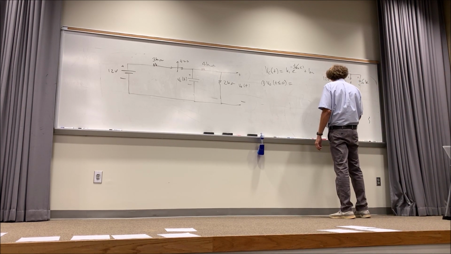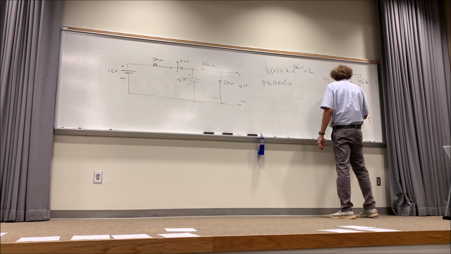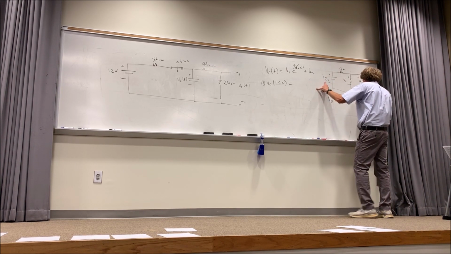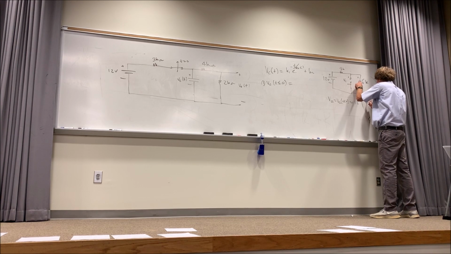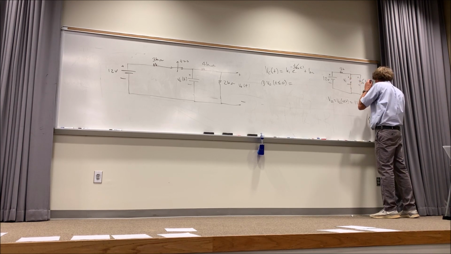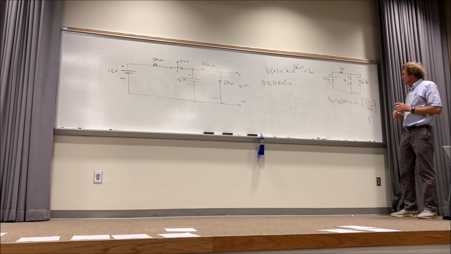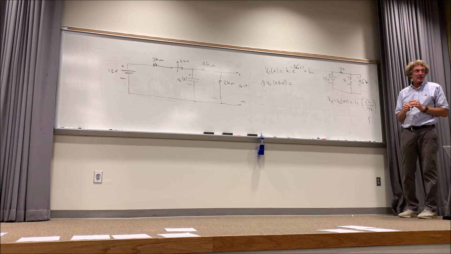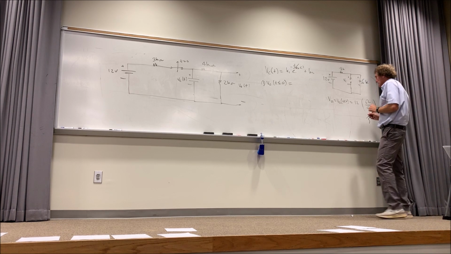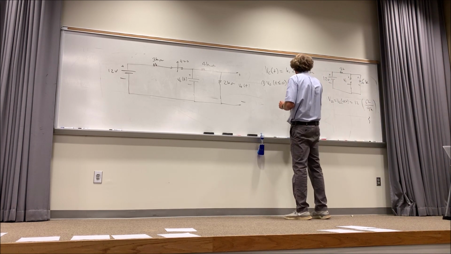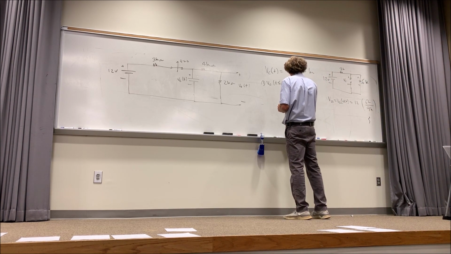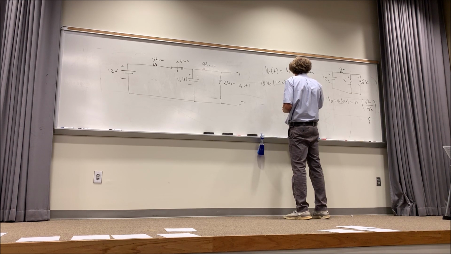V6K is VC for t less than 0, and it's equal to source voltage 12 times resistance 6K over 6K plus 3K, or 9K. So that's 2/3 of 12, or 8 volts. And that's equal to K1 plus K2.